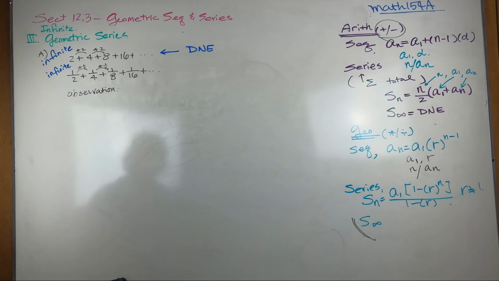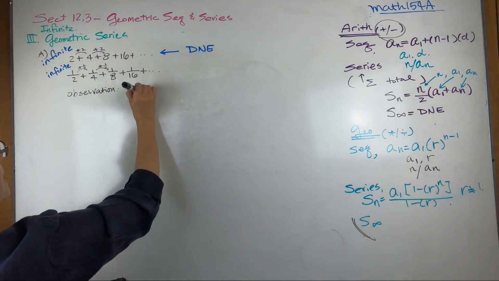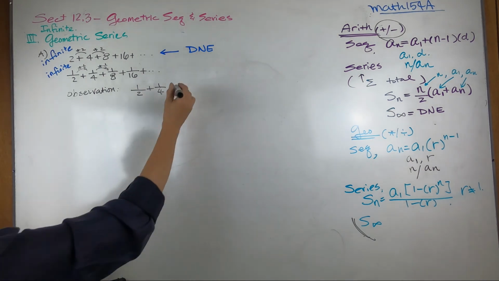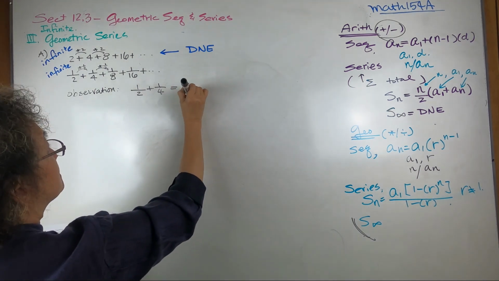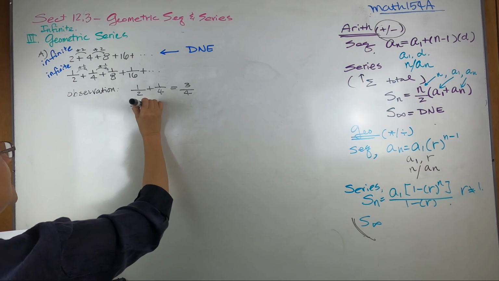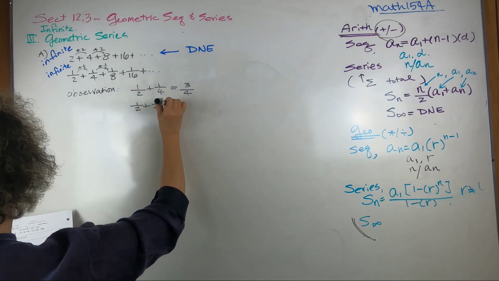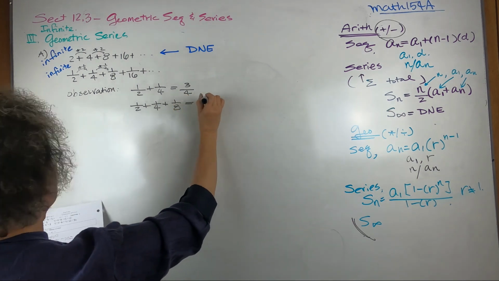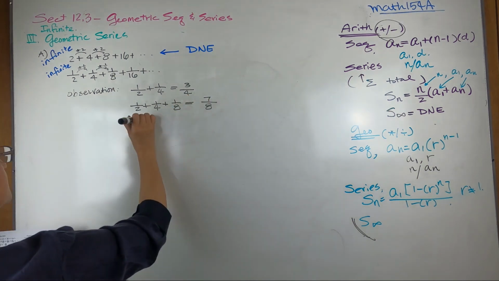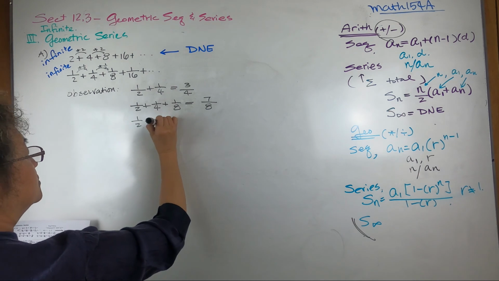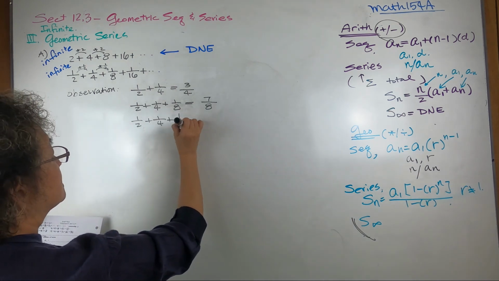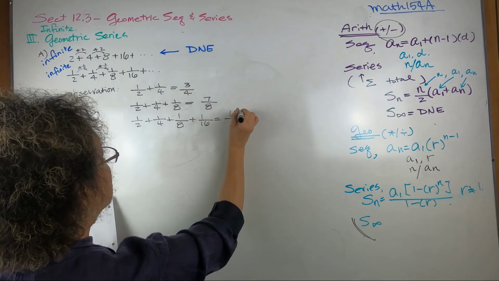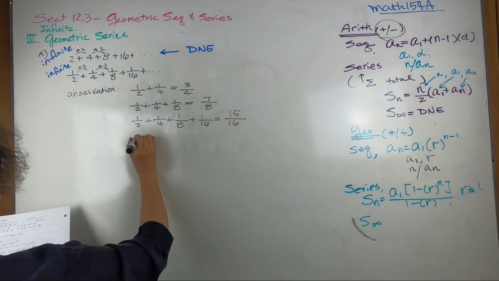So, if I have 1/2 plus 1/4, what do I have? You just add them. 3/4, right? If I have 1/2 plus 1/4 plus 1/8, I'm just doing the sequence, right? I have 7/8. Then I do another one, I have 15/16, right?